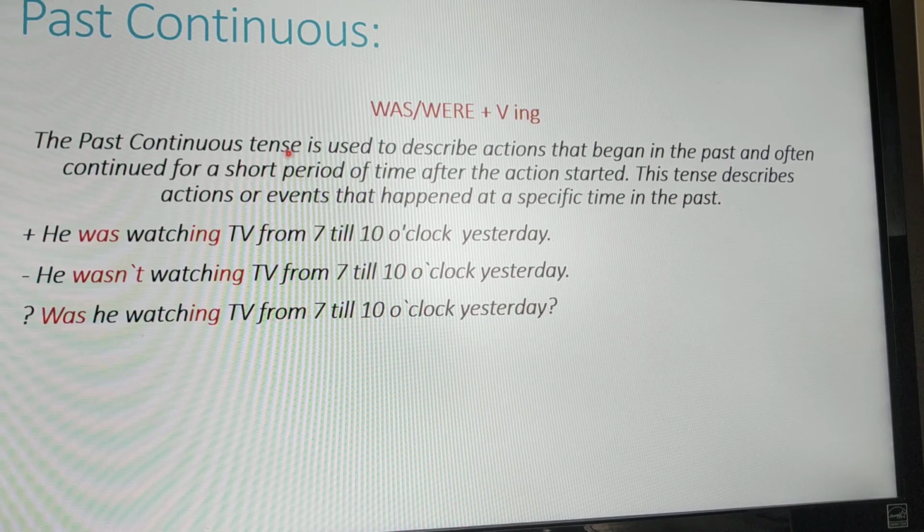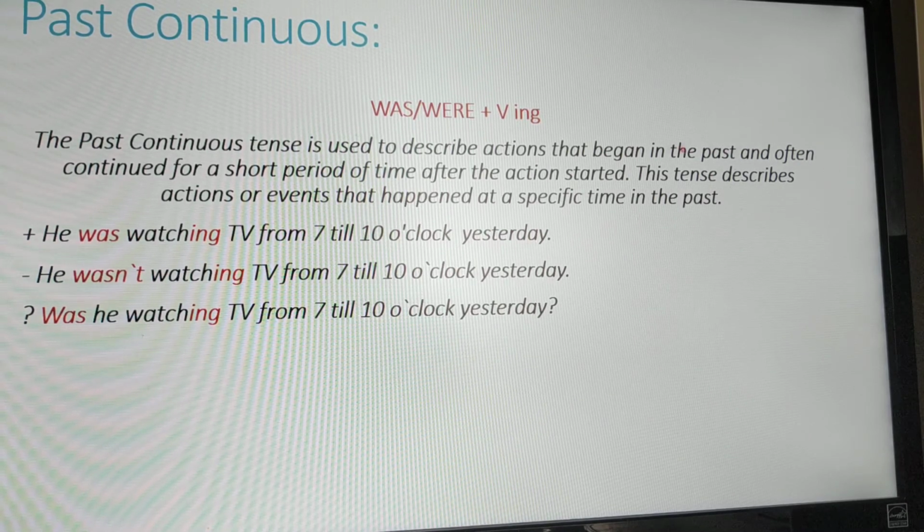The past continuous tense is used to describe actions that began in the past and often continued for a short period of time after the action started. This tense describes actions or events that happened at a specific time in the past. Когда мы используем это время?